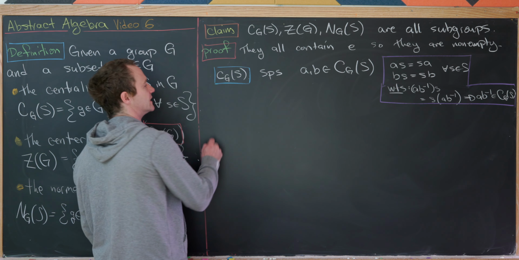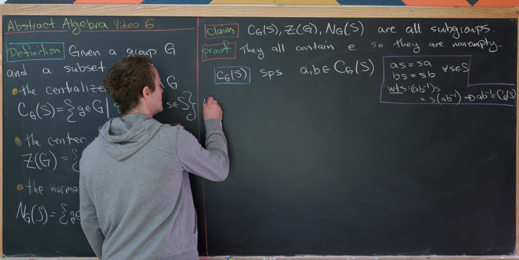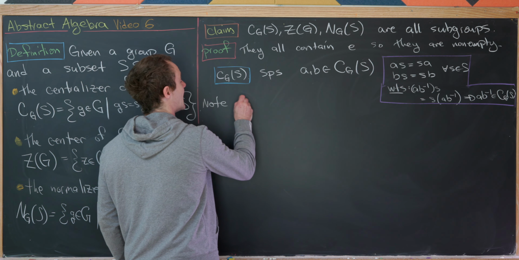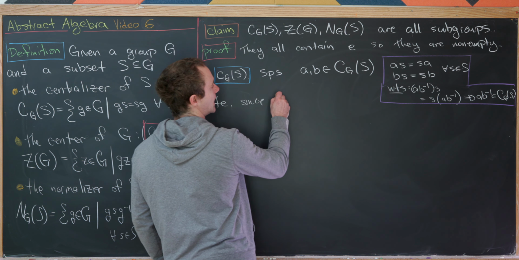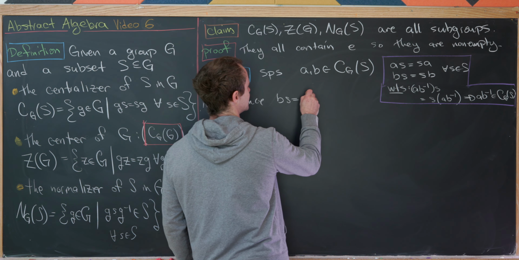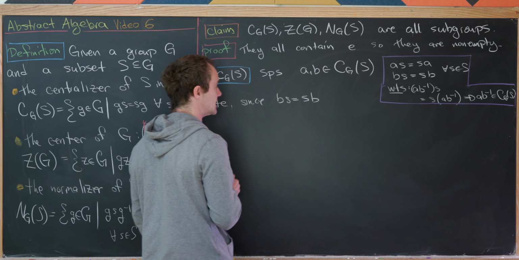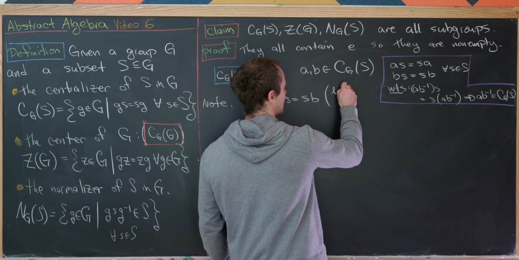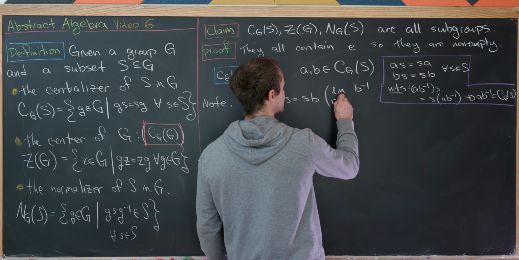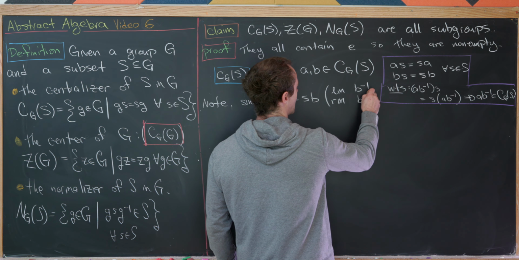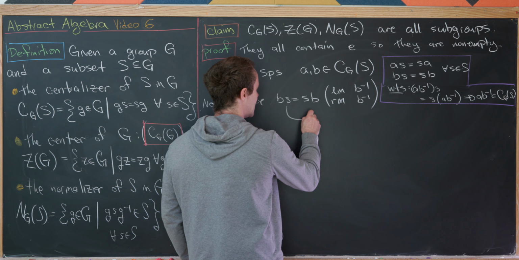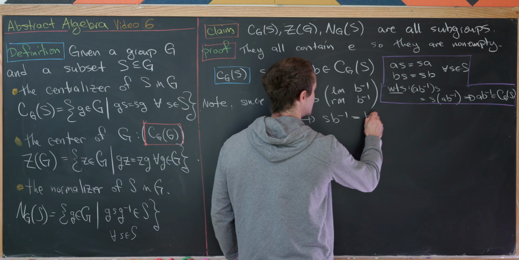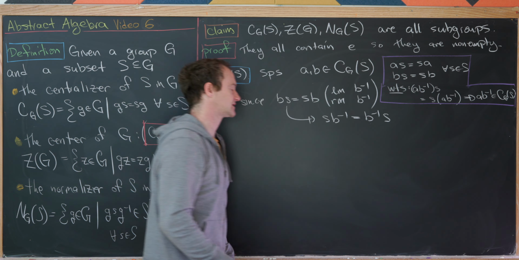Okay, so let's get to it. So let's maybe note that since b times s is the same thing as s times b, we can left multiply by b inverse, and we'll right multiply also by b inverse, and that's going to end up giving us s b inverse equals b inverse s.